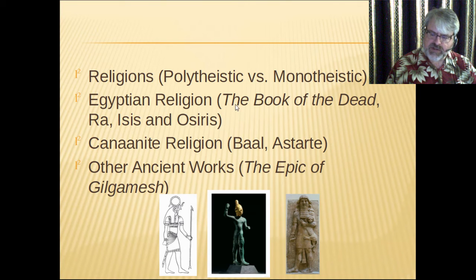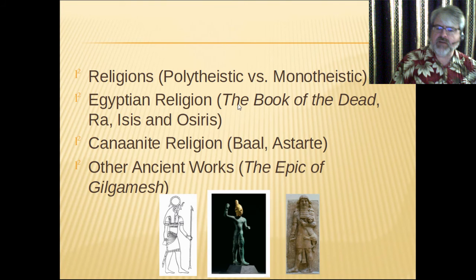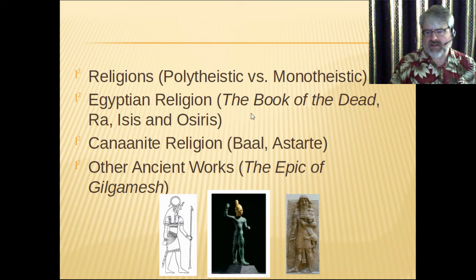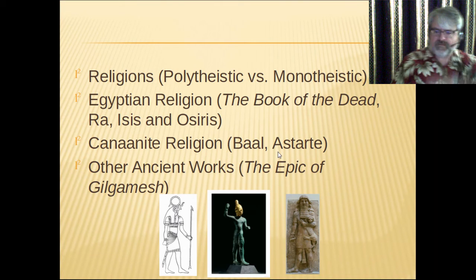Egyptian religion does give us some idea why we see the plagues that God exacts on them. Canaanite religion features prominently, especially in the Judges and the dynastic periods, where the nations around them worship Baal, whatever you want to call him.